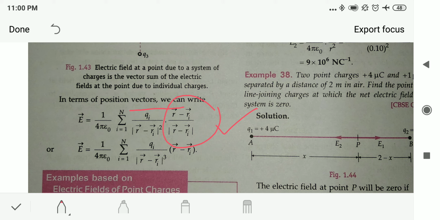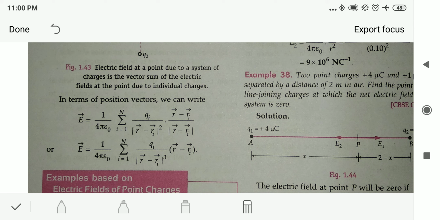We know that a unit vector is the vector divided by its magnitude. So this is the vector R minus Ri, and we have divided it by its magnitude. So this is, in terms of position vector, the electric field intensity in a system of n charges.